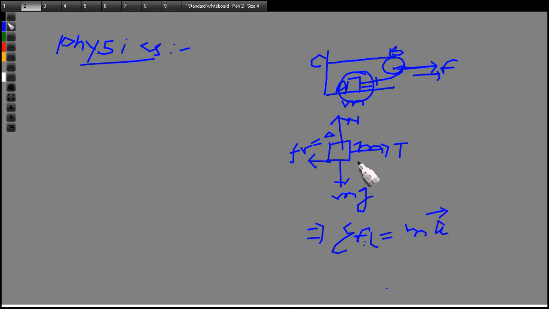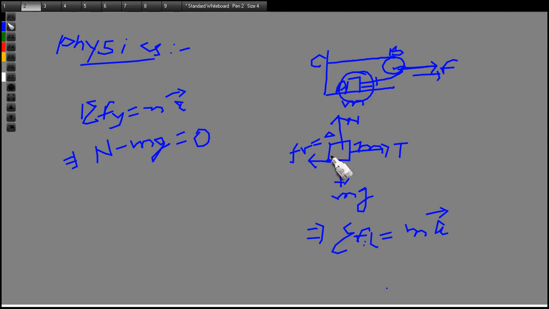As the body is not moving in the vertical direction, we'll write the sum of Fy equals mass into acceleration. So sum of Fy means N minus mg is the net force, which equals acceleration 0, because this body is not moving in the vertical direction, so we can easily write N equals mg.